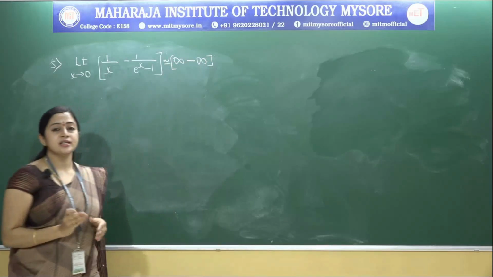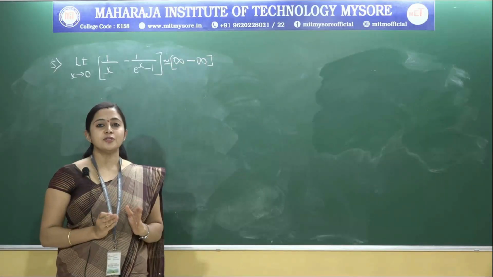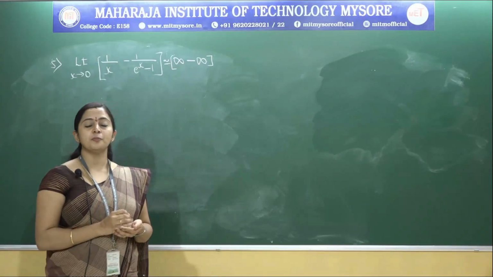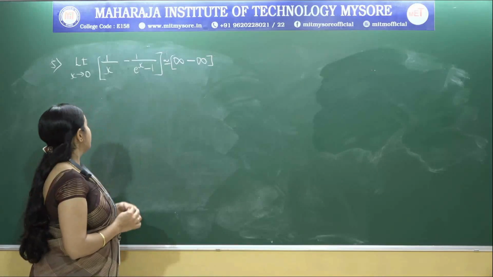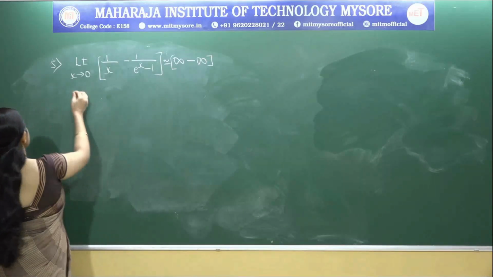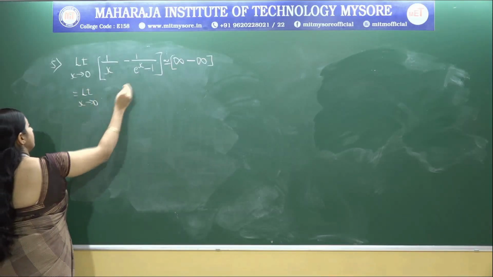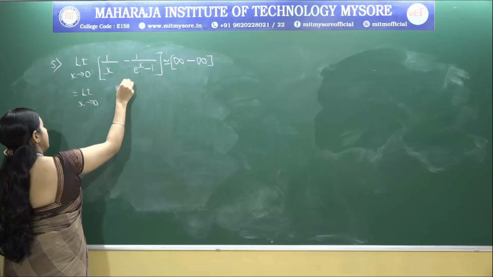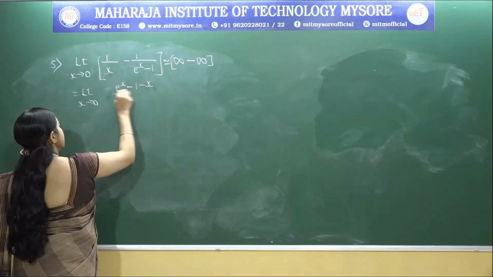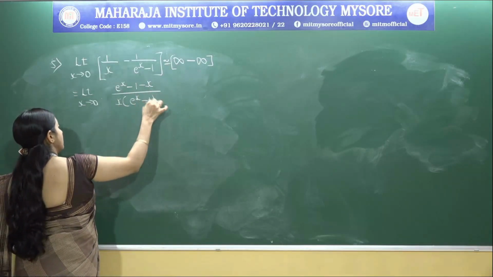So it is infinity minus infinity form. First you convert this into 0 by 0 or infinity by infinity, then you apply the L'Hospital rule. So if it is infinity minus infinity, you take the LCM: limit x tends to 0, take the LCM, e power x minus 1, cross multiply this, minus x, divided by x into e power x minus 1.